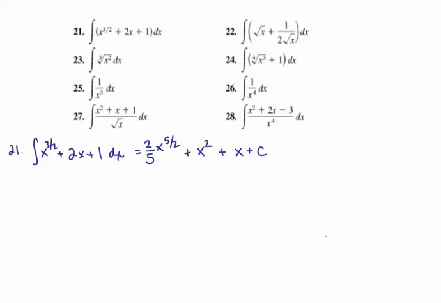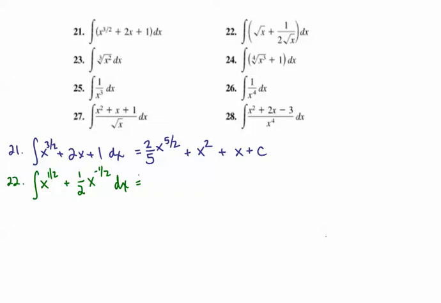Number 22. For number 22, we're going to do some rewriting. And so the square root of x we'll rewrite as x to the 1/2, and 1 over 2 times the square root of x will be 1/2 x to the negative 1/2 power, and then a dx. So we're going to rewrite that first, and then we'll just do the integrals of each term individually.